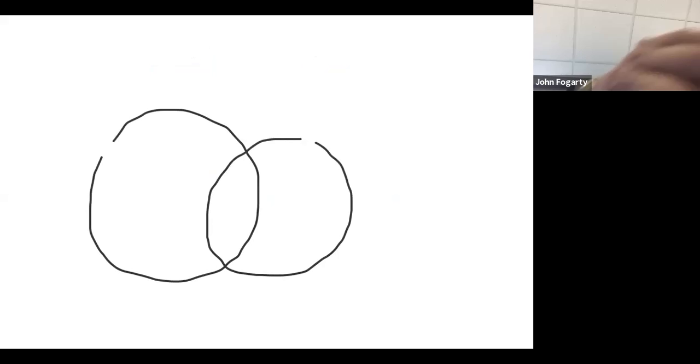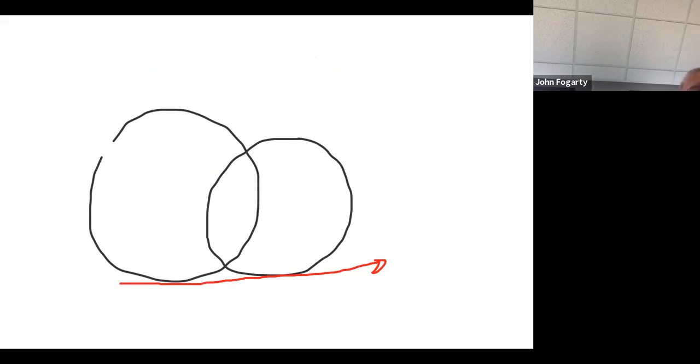All right, so here's an example. How many tangent lines would this have? How many lines do you think you could come up with that could intersect both of those circles at one point? I would go with that one.